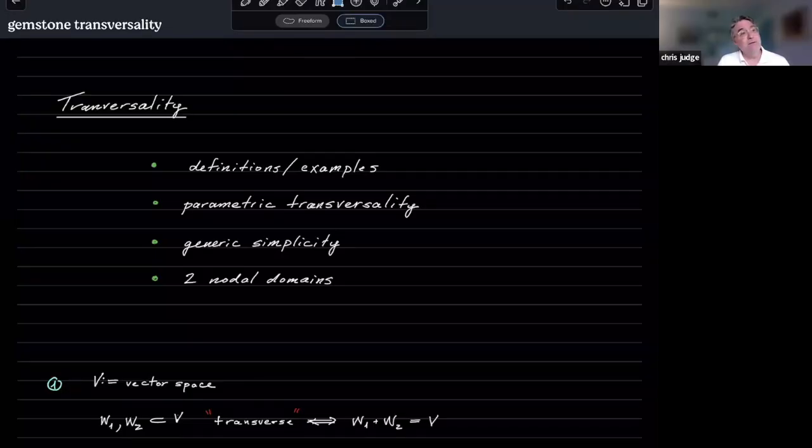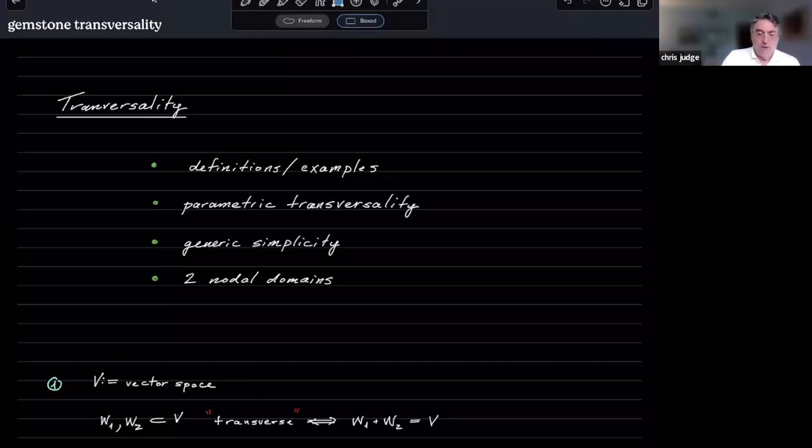Two nodal domain theorems were known before, but this result is striking because it's basically saying that for a sequence of eigenvalues of density 1 in the sense of Weyl's law, you have eigenfunctions with two nodal domains. That was not known before.